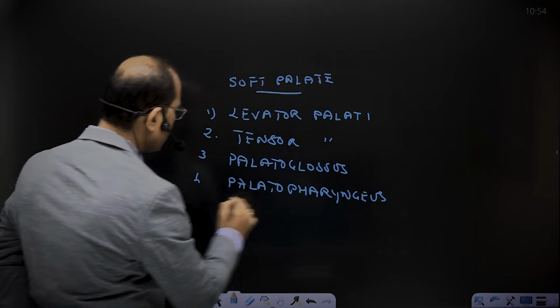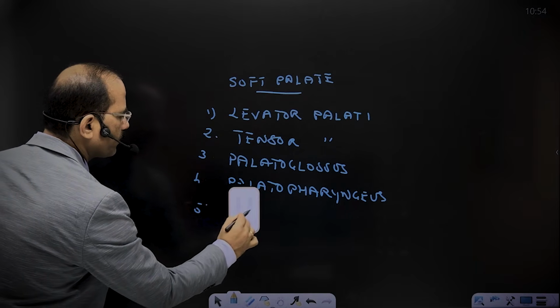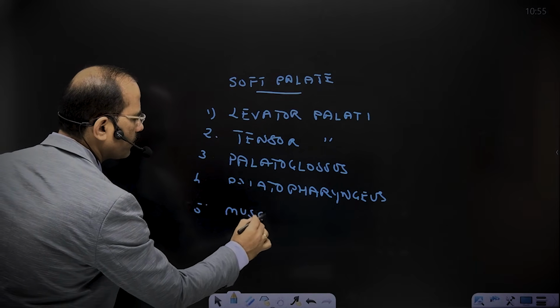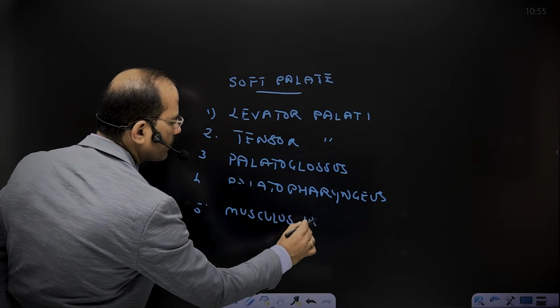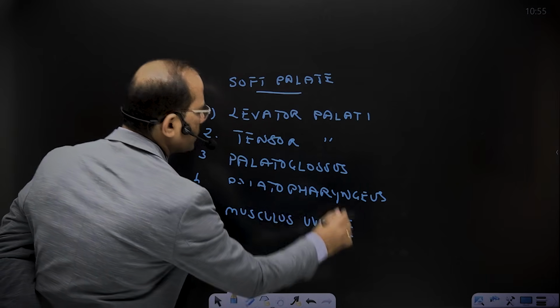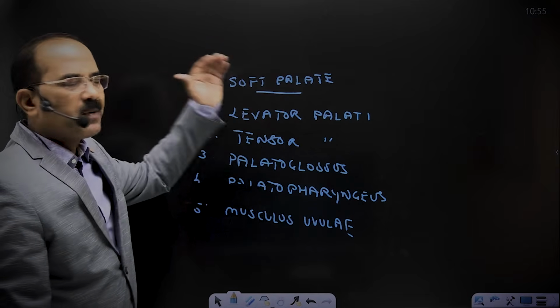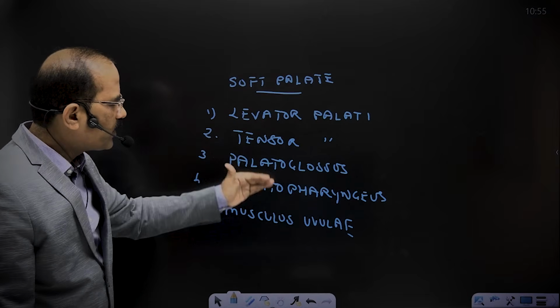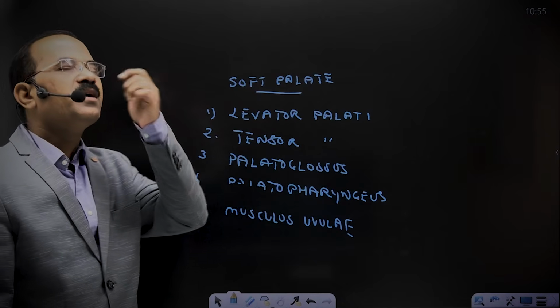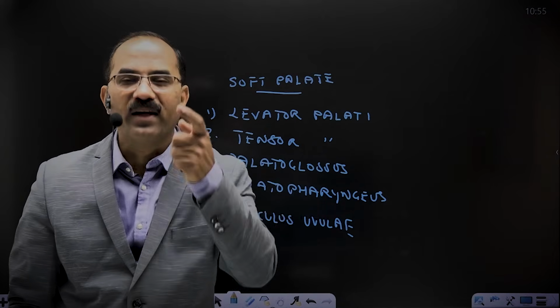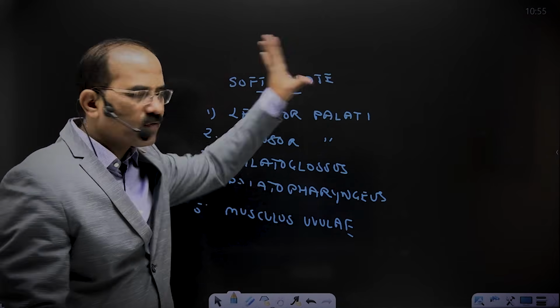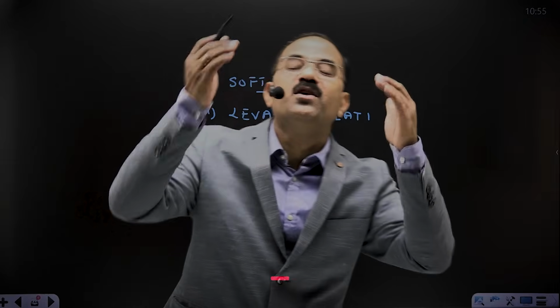And the last one is musculus uvulae. So these are the 5 muscles of the soft palate: levator palati, tensor palati, palatoglossus, palatopharyngeus, and the musculus uvulae, the thing which hangs in the center. Now, all these muscles of the soft palate are supplied by the pharyngeal plexus.